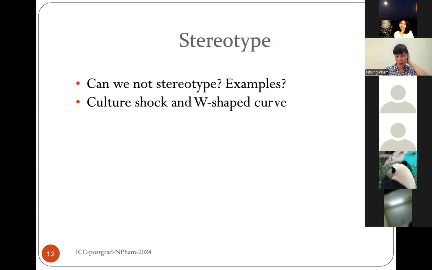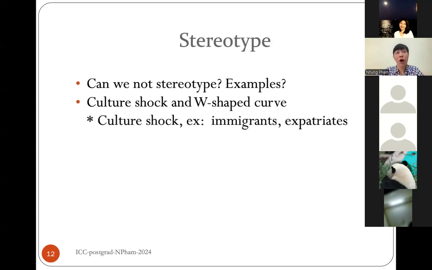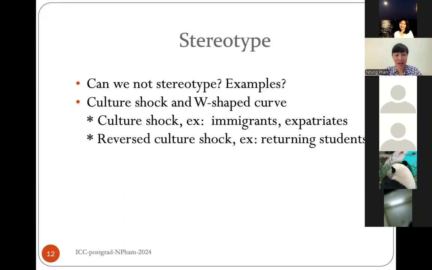Now, stereotype deserves its own headline. Stereotype is the oversimplification, especially of the features or characteristics mainly associated with a culture or a particular community or group of people.